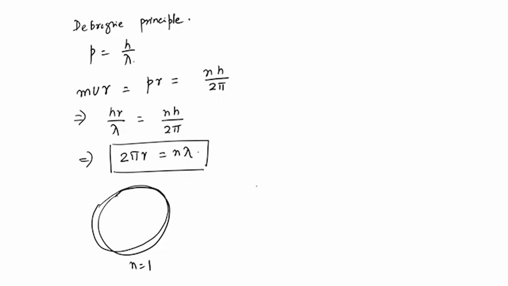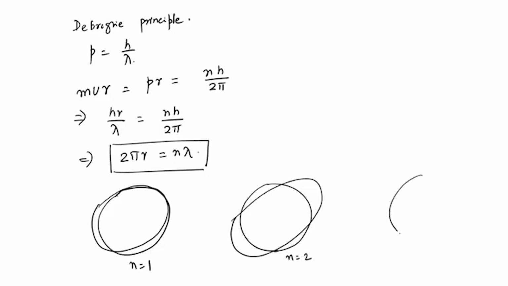So, this is n equal to 1. Then there are two wavelengths in the next orbit, so n equal to 2, and another orbit is n equal to 3, and so on.